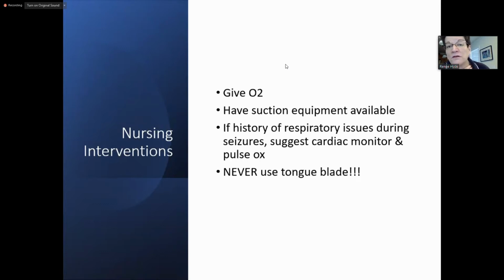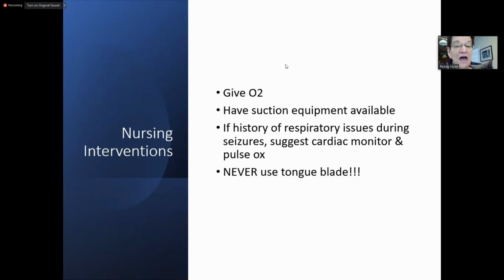It's padded, but it's just like with babies. We used to use all those bumper pads on baby cribs to keep them from banging their head. Well, what we found is that those bumper pads tend to cause airway obstruction if they got up against them and could not move away. Same thing with our patients with seizure disorder. That's why we use the padded plastic that does not conform to their face.